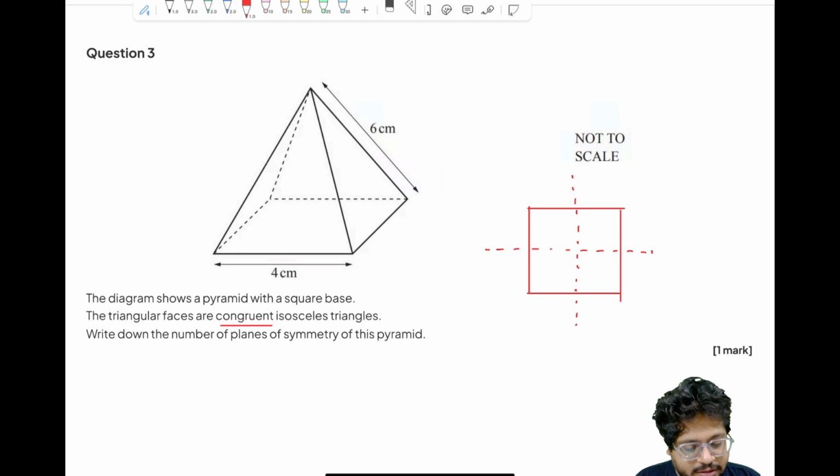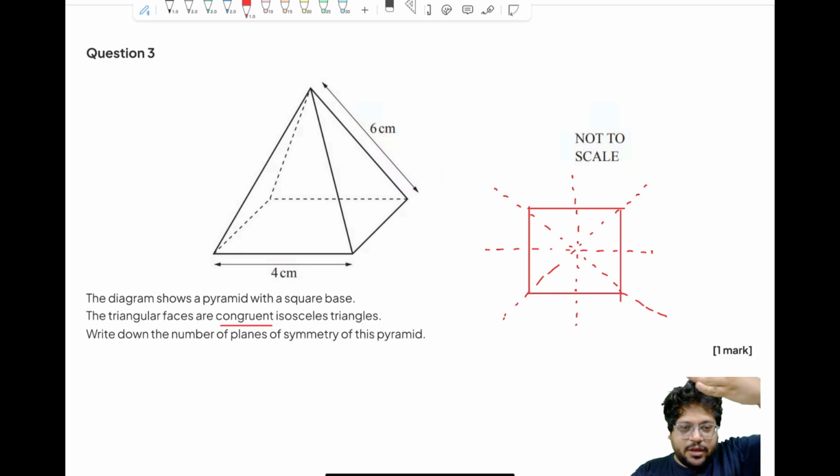And this is the third one, and this is the fourth one. So these 4 are lines of symmetry of your square, and it will be the same as the planes of symmetry of this whole figure, because when you are cutting this whole figure like this, making planes, then obviously you will have to cut the base also into 2 equal parts.